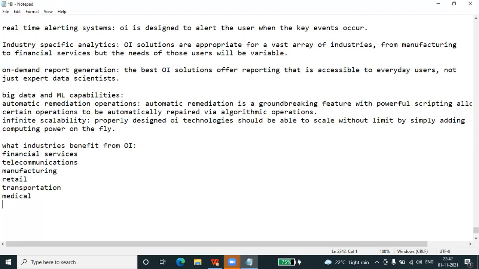Then in telecommunications, operational intelligence can monitor network health and spot errors before they become major outages. It is also a vital tool in detecting network security breaches.